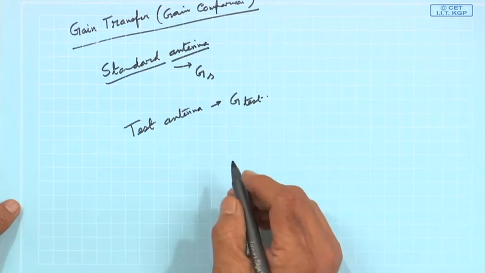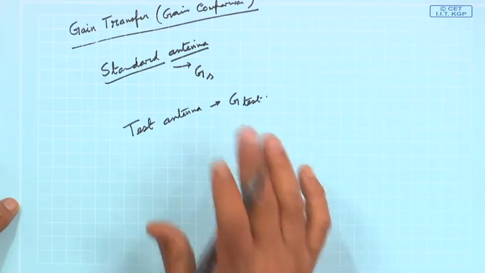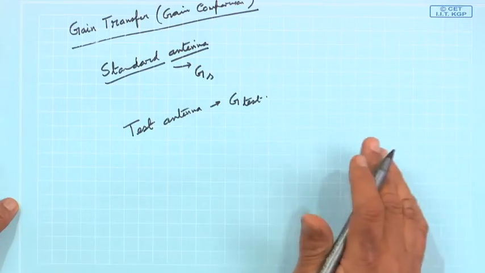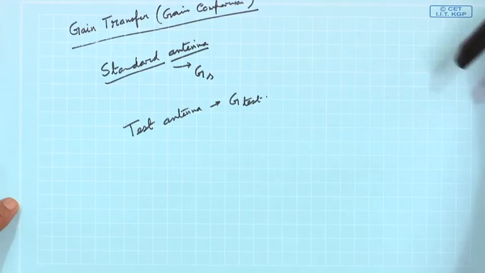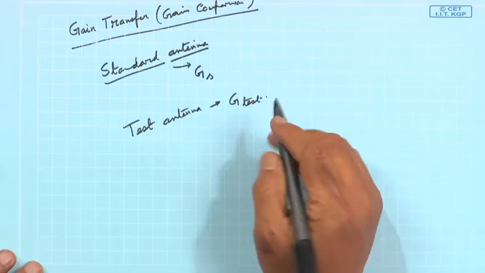You do only 2 measurements here. In previous cases you needed to measure R, lambda and the ratios, but here only 2 measurements.